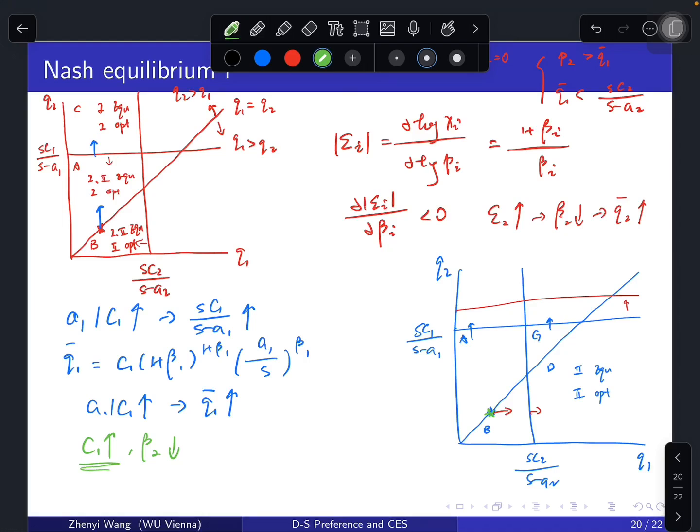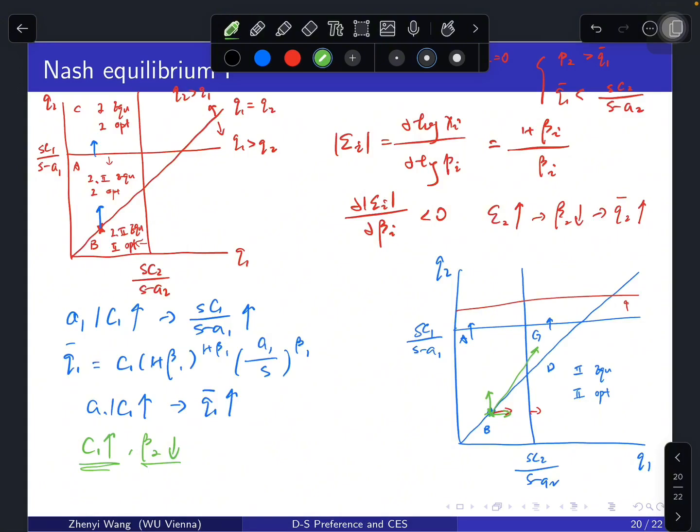We know that the increase in C1 will lead to the equilibrium point shifting to the right-hand side, and the decrease in beta 2 will lead the equilibrium point to move to the regions A and C. So there is a possibility that when the variable cost C1 increased and at the same time beta 2 decreased, the equilibrium point can move to the region G.